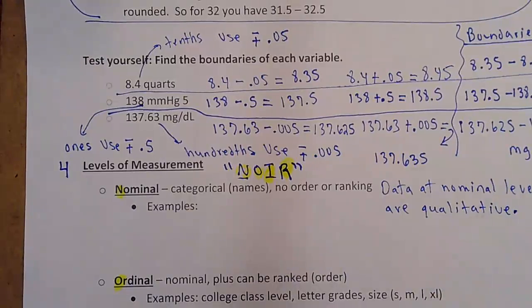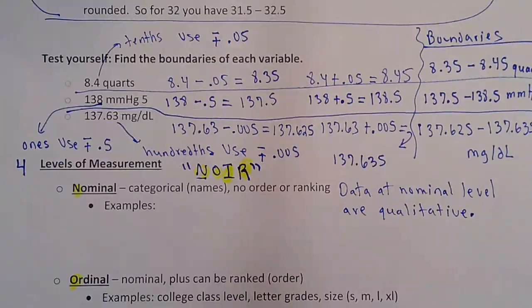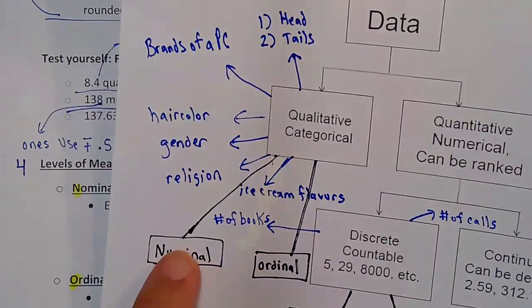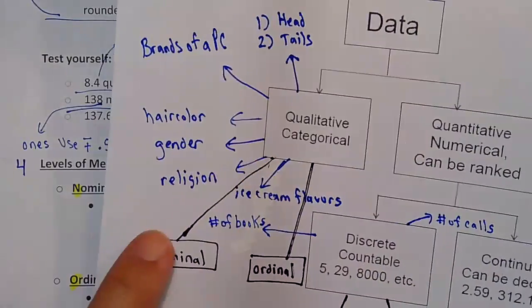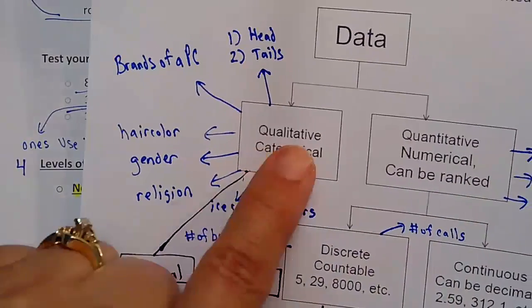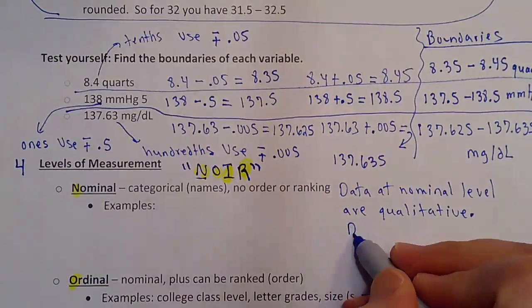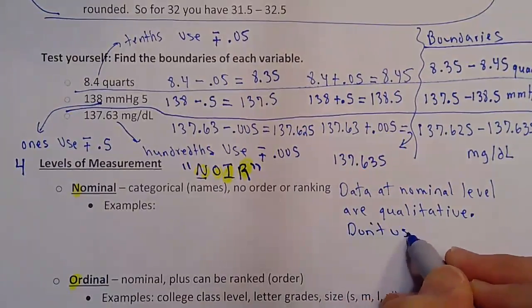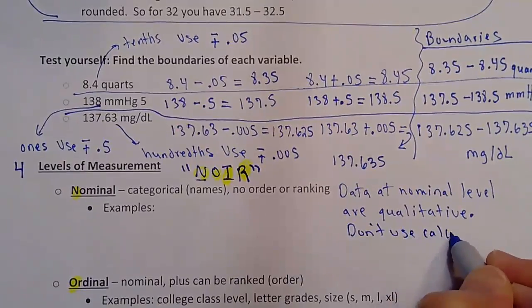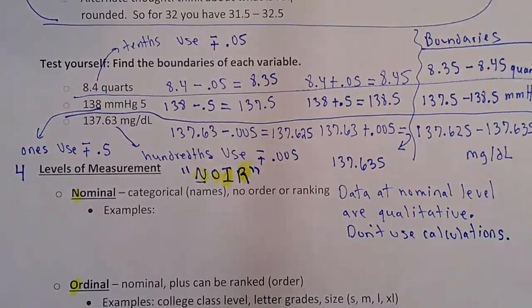Let me go back and see if I have that reflected in my chart. Data at nominal level are qualitative. What I mean by that is if you're nominal and you want to backtrack, it does come from qualitative and not quantitative. That's what that means there. And I have a note that you don't want to use calculations.